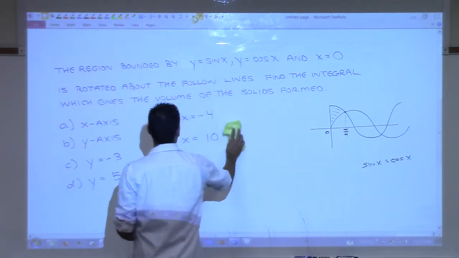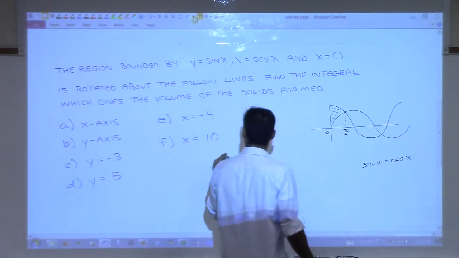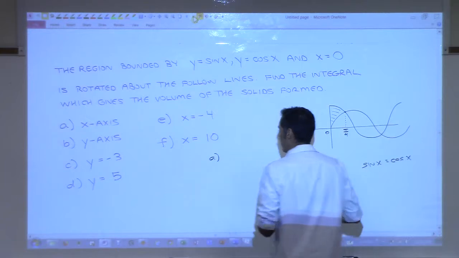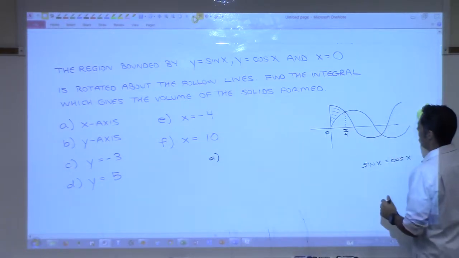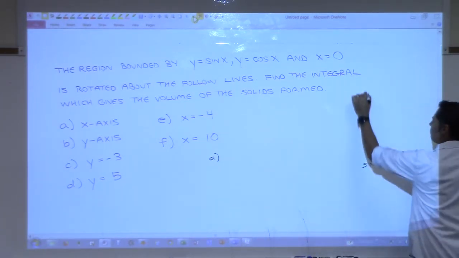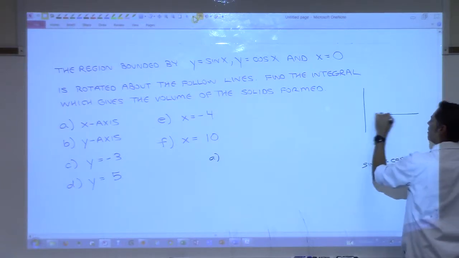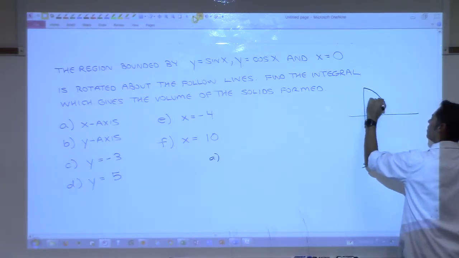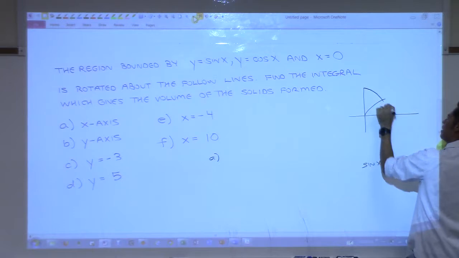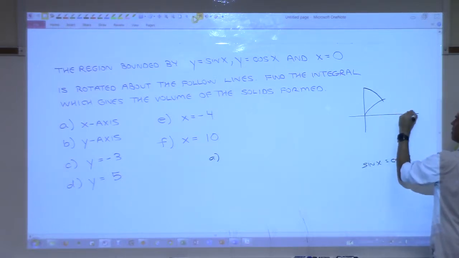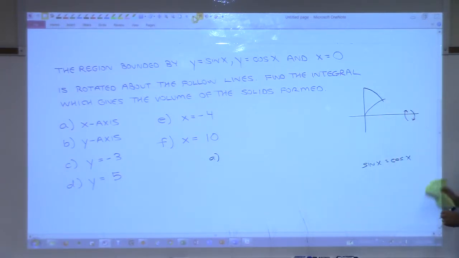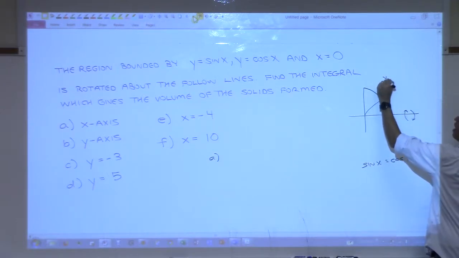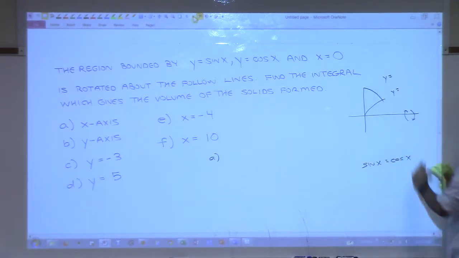Now, let's go to part A. We want to go around the x-axis, so let me redraw that region. Here's the x-axis. We got something like this, and then something like that, roughly. These are both written as y equals, so both are functions of x.